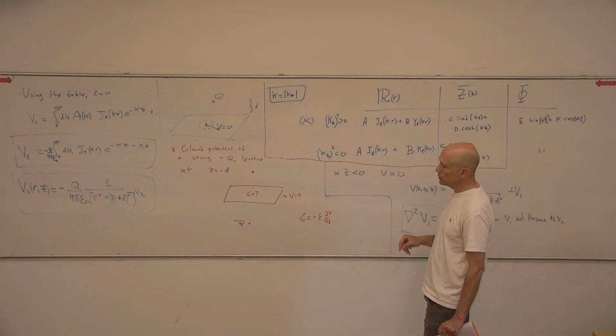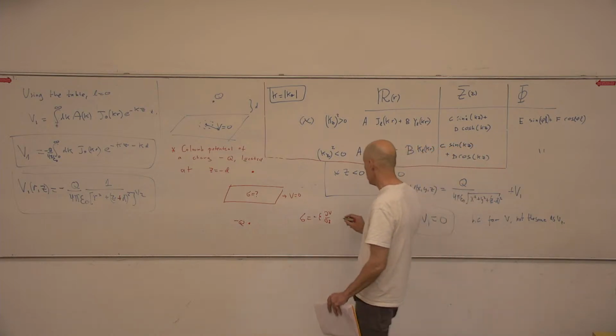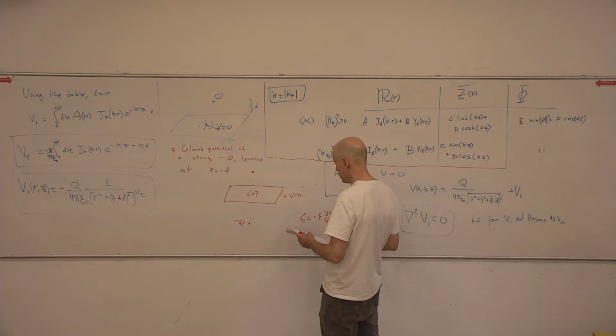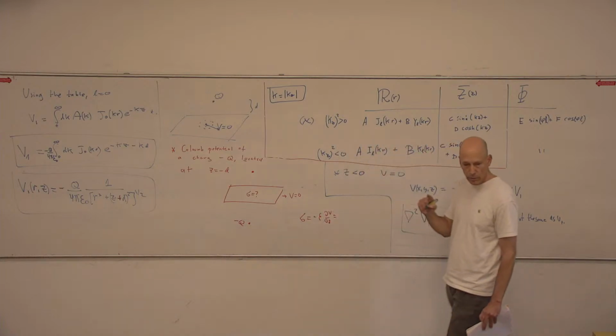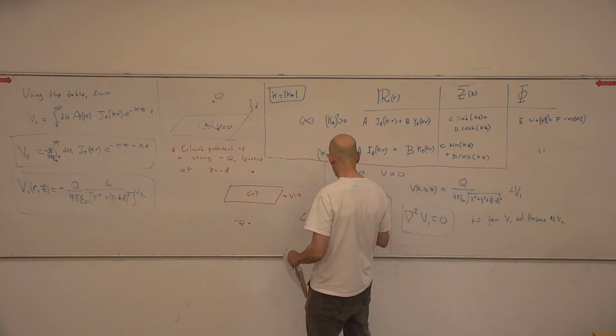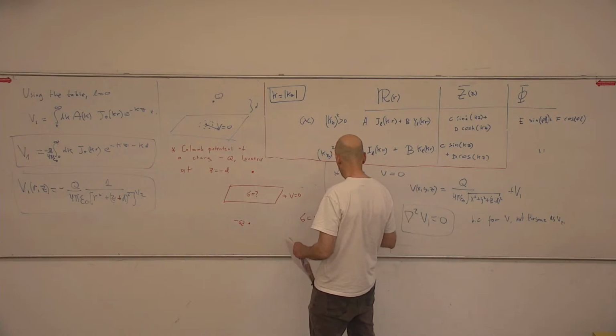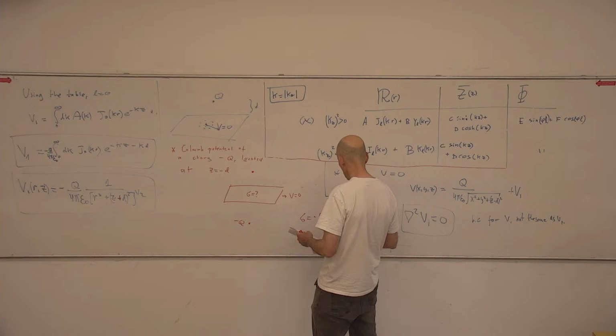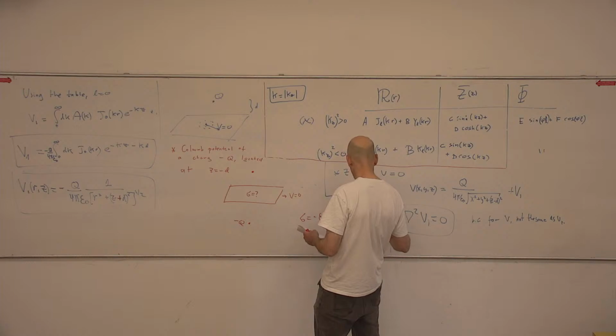I can take the derivatives here. I leave it as an exercise, and the potential is 0, but its derivative is not 0. That's the point. This is minus qd over 2 pi times x squared plus y squared plus d squared to the power three halves.